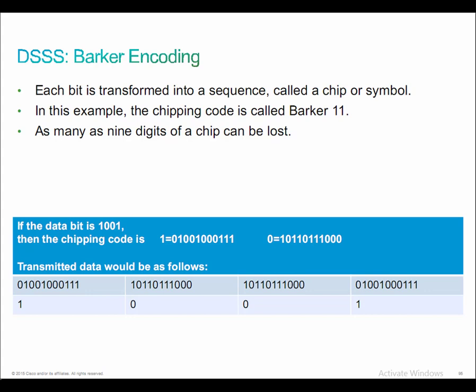It was actually named from the name of its inventor, but there are many, many other forms. There's Barker Code 2 and Barker Code 5 and 13 and so on. And obviously you can derive from that there's 2 bits and there's 5 bits and 13 bits that represent the data. In this case, the Barker code is an 11-bit sequence of numbers. All right.